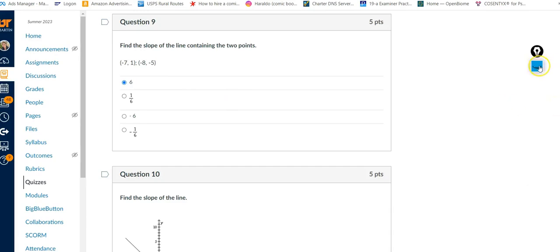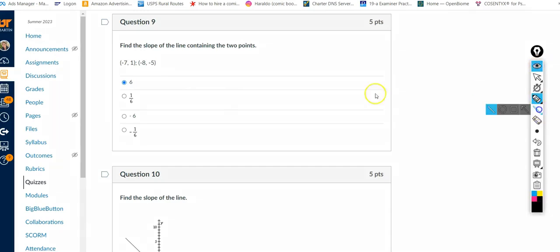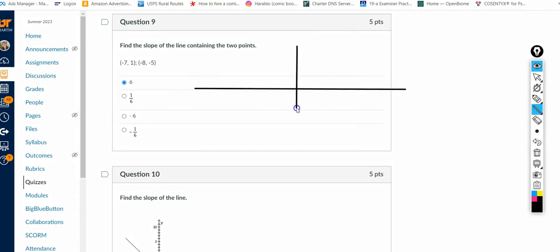Okay, and you could have graphed it like freehand. So where is negative 7 comma 1? All right, that point is about there.